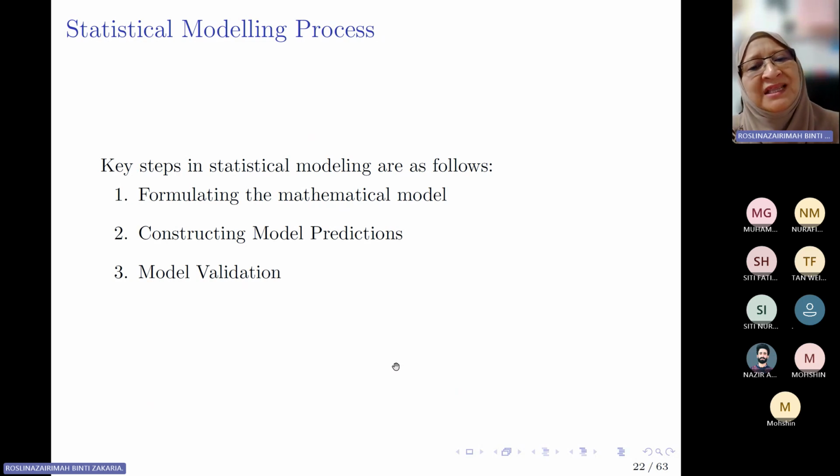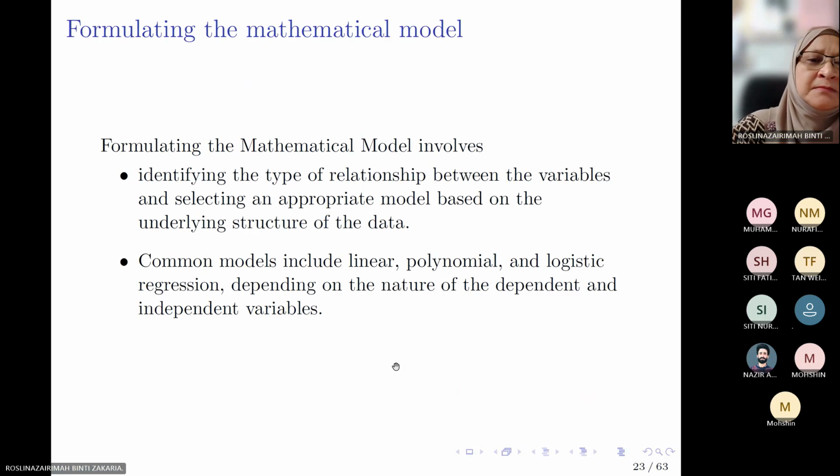Number one is formulating the mathematical model. We need to construct the mathematical model. Secondly, to construct model predictions by estimating the parameters, and the third one will be to validate the model.